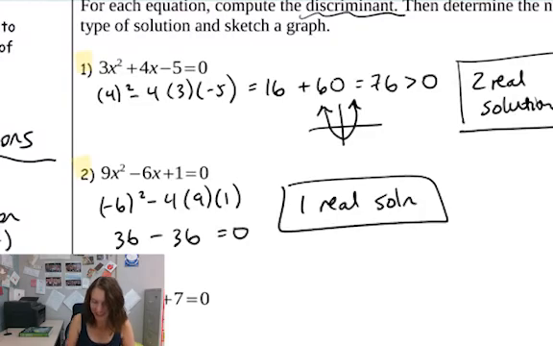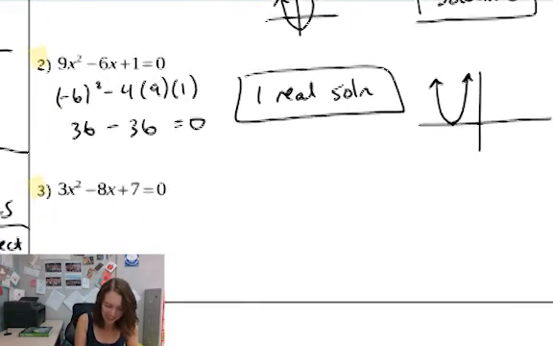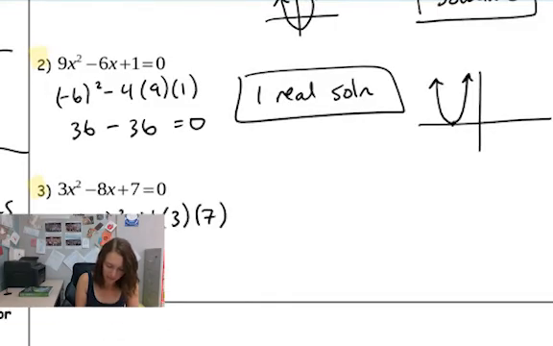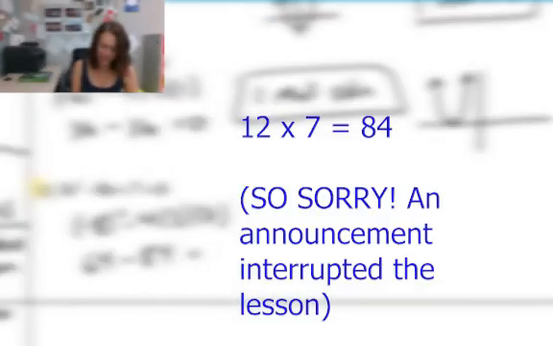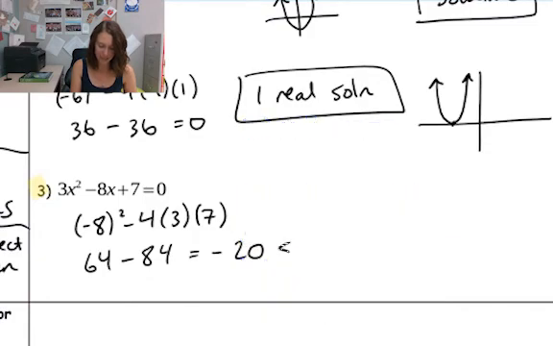I'm abbreviating because I have to finish up here. What that looks like is when our parabola just touches our x-axis and bounces off, that would be our 1 real solution. And lastly, negative 8 squared minus 4 times a times c. I have 64 minus 12 times 7 is, and from here I get negative 20, which is less than 0.